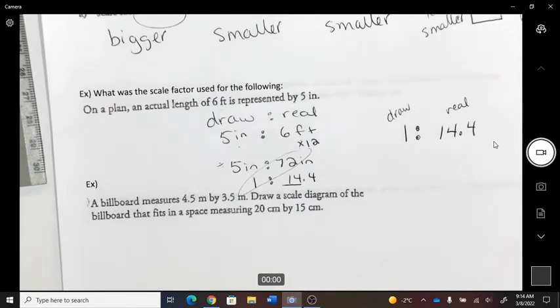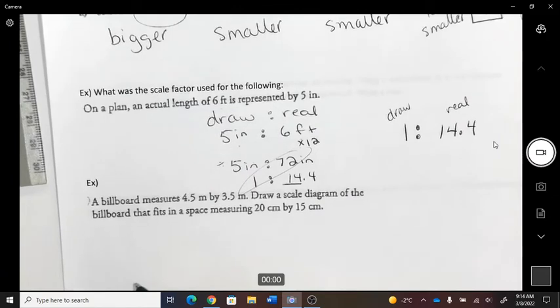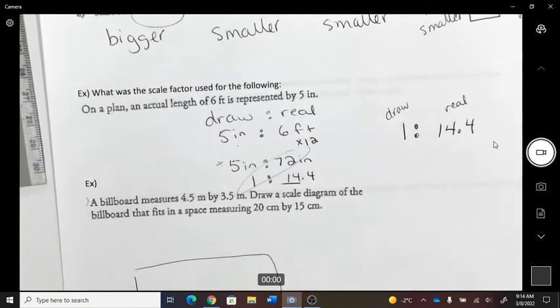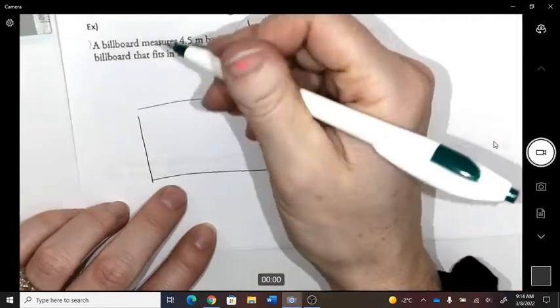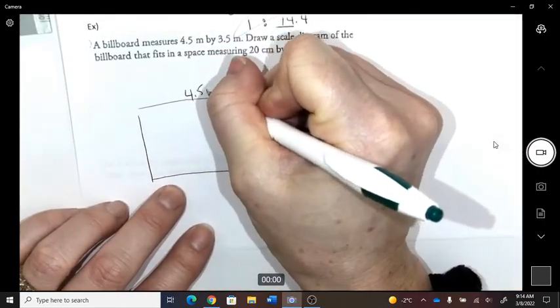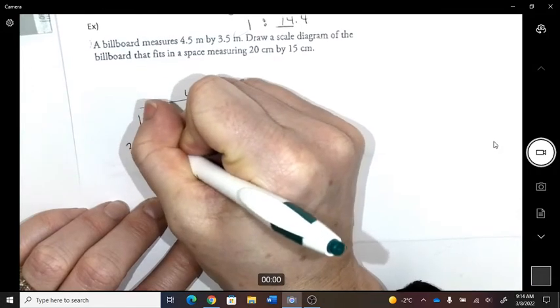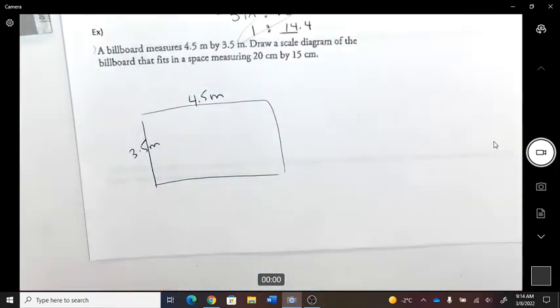Okay, the last question. Okay, I have a billboard. Okay, so we know how big billboards are when you see them on the highway, right? They're massive.